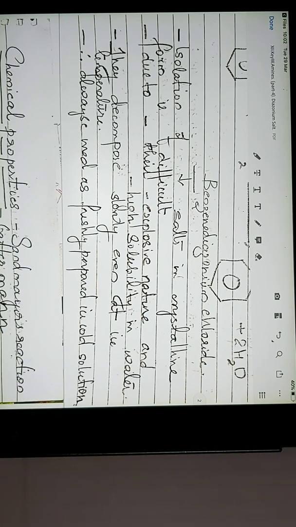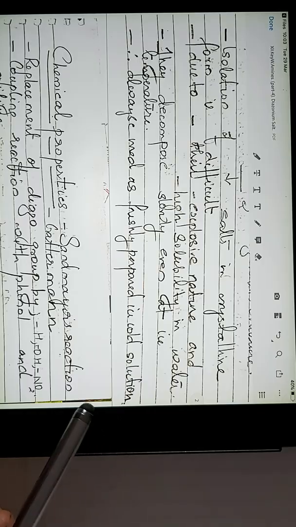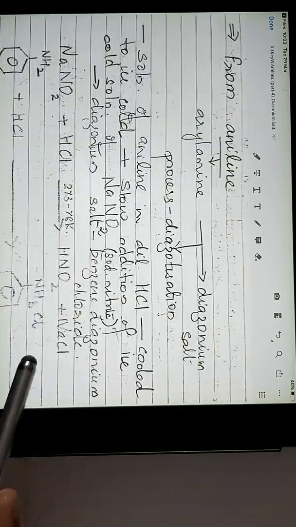So that is how we use it. You can get a question, why are diazonium salts not stored? Why always when it is needed do we freshly prepare it and use it in ice cold solution? So there you get the reason for that. So that was the details related to the preparation process of this diazonium salt.